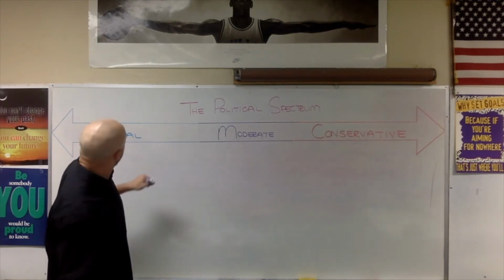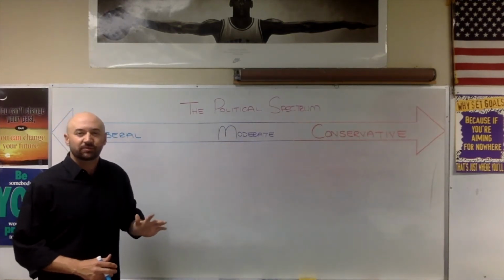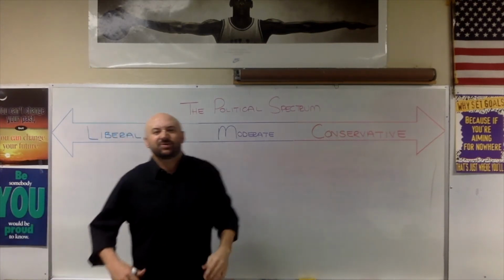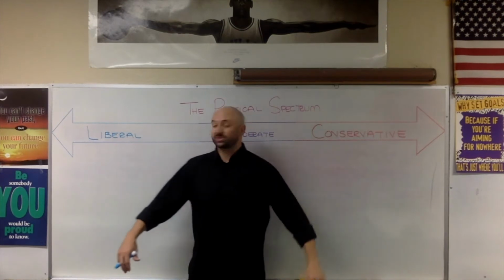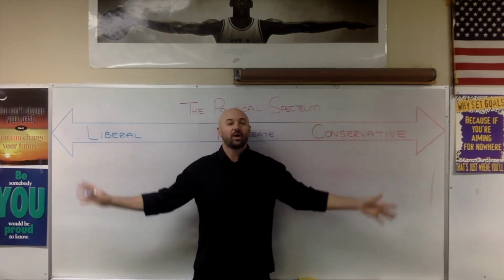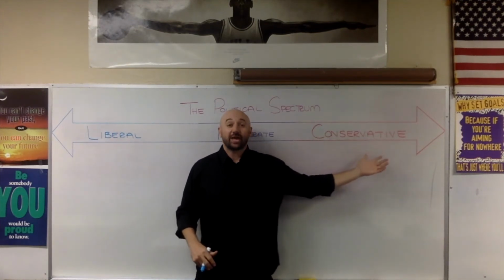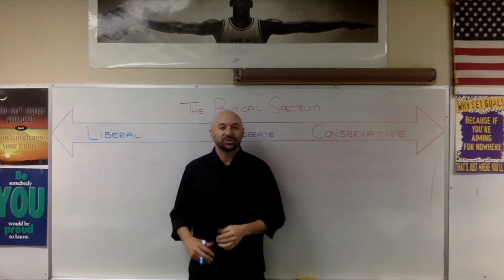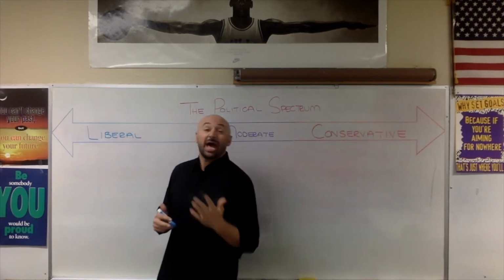But on the liberal side, you can almost think of this spectrum not so much as a ruler, but as like wings. You know how girls on Instagram like to get the wings pictures right behind them? Imagine these are my wings, all right? And I've got my left wing and my right wing. That's exactly how I want you to remember liberals and conservatives, because that's actually how they're considered.